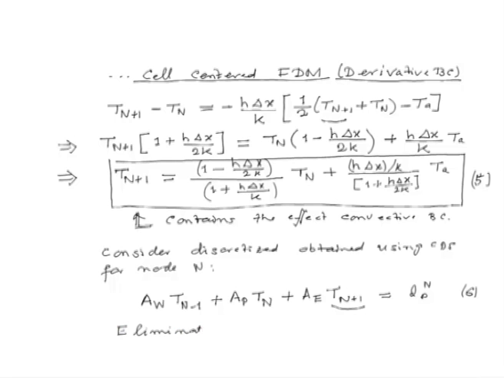So eliminate Tn plus 1 using equation 5, and this will give us AW times T of n minus 1 plus, let me introduce a new term, AP prime Tn is equal to QPn prime.